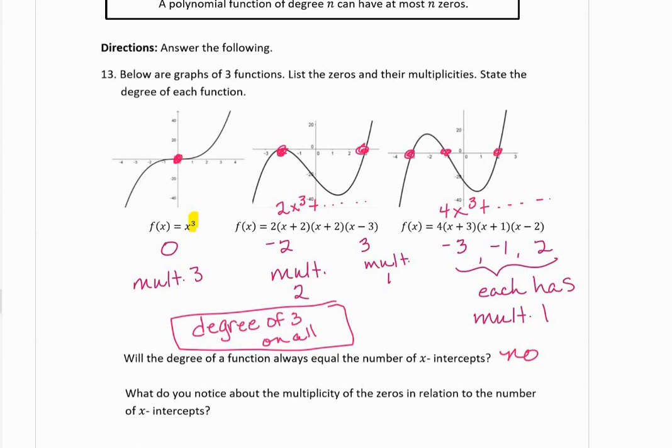Well, with this first graph, I had a multiplicity of 3, and I only had one x-intercept. Here I had a multiplicity of 2, and I had 2 intercepts, and here each has a multiplicity of 1, so I have 3 x-intercepts. So the higher my multiplicity is, the fewer x-intercepts.